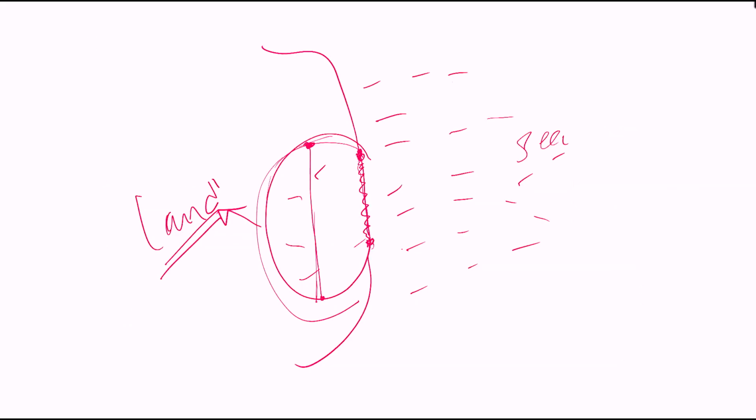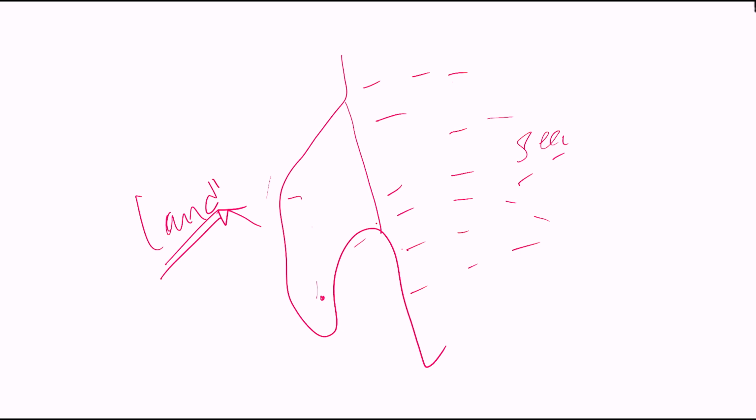So, friends, let me draw this again. Let us say that this is our land area. If a state claims this particular portion to be a bay, then the distance between this point and this point should not be more than 24 nautical miles.